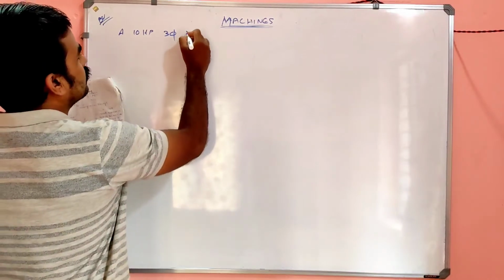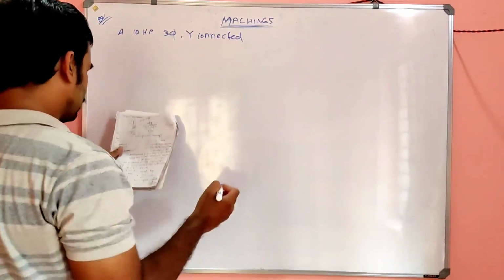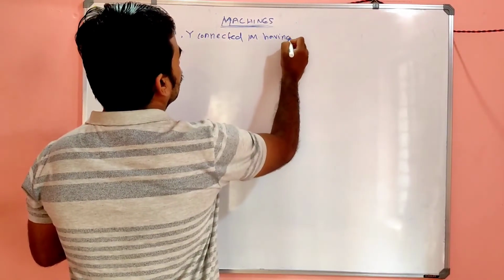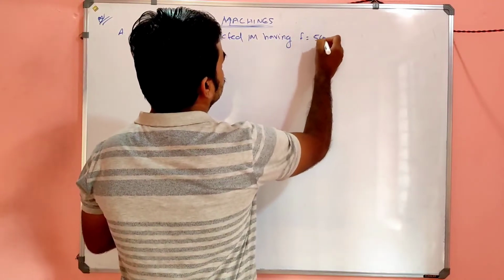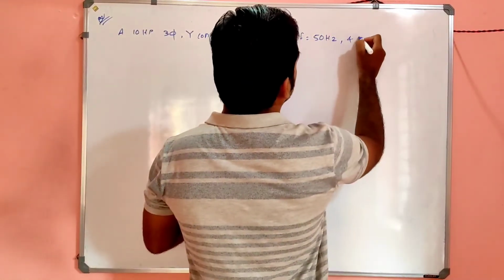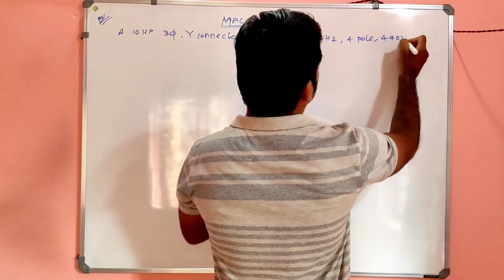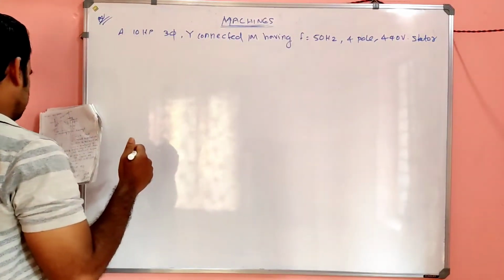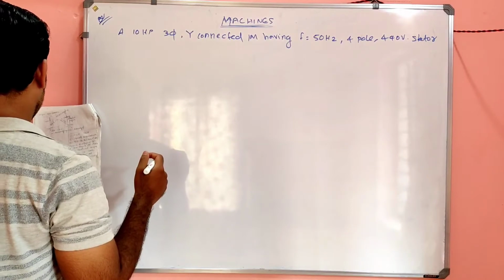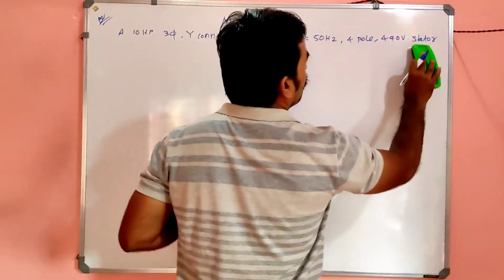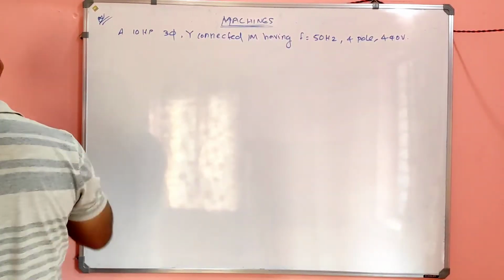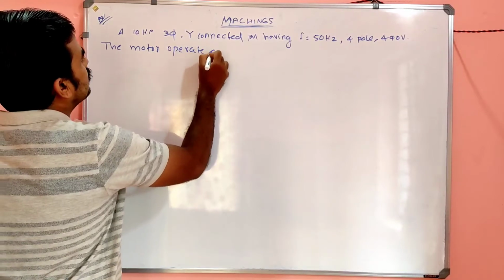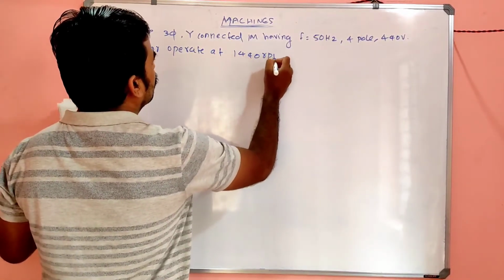3 phase star connected induction motor having F is equal to 50 Hertz, 4 pole, 440 volt. The motor operates at 1440 RPM.